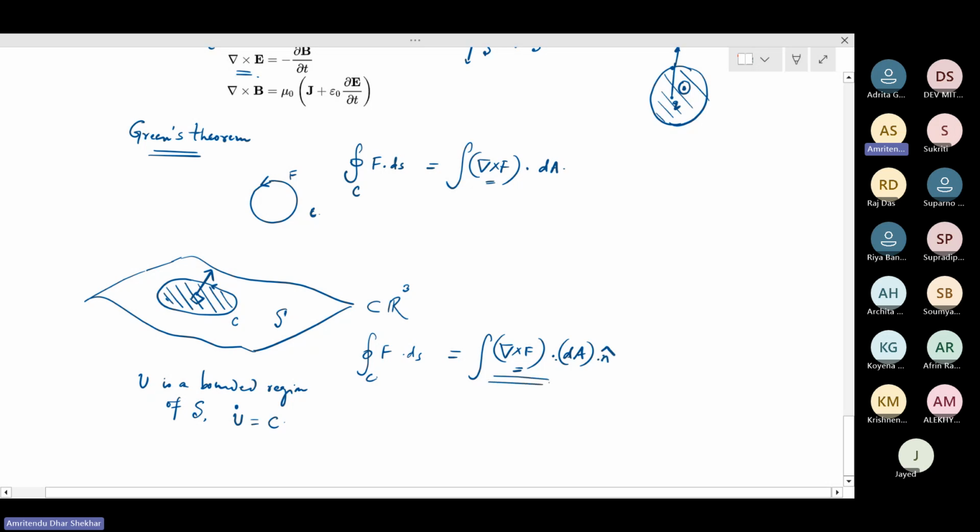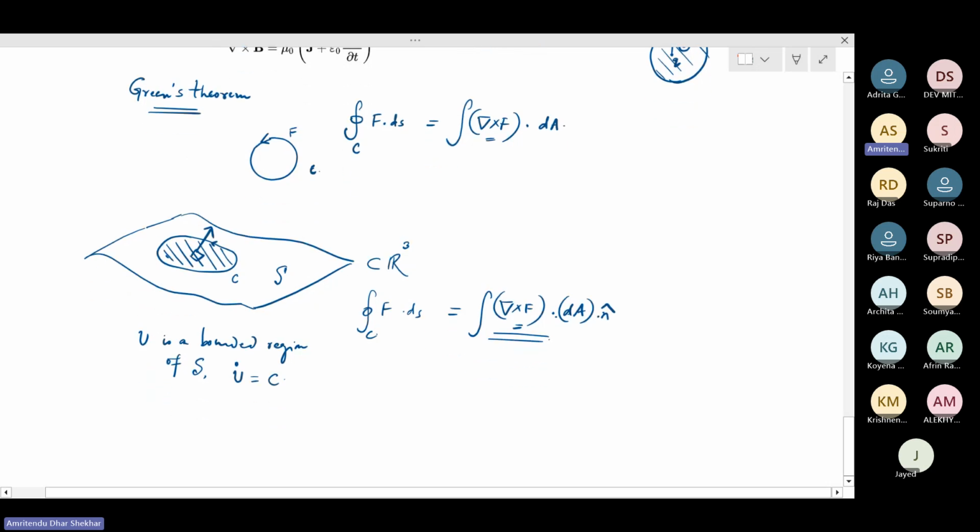Now what happens is that if the curl is 0, then the work that you have done for moving along this closed loop is equal to 0.